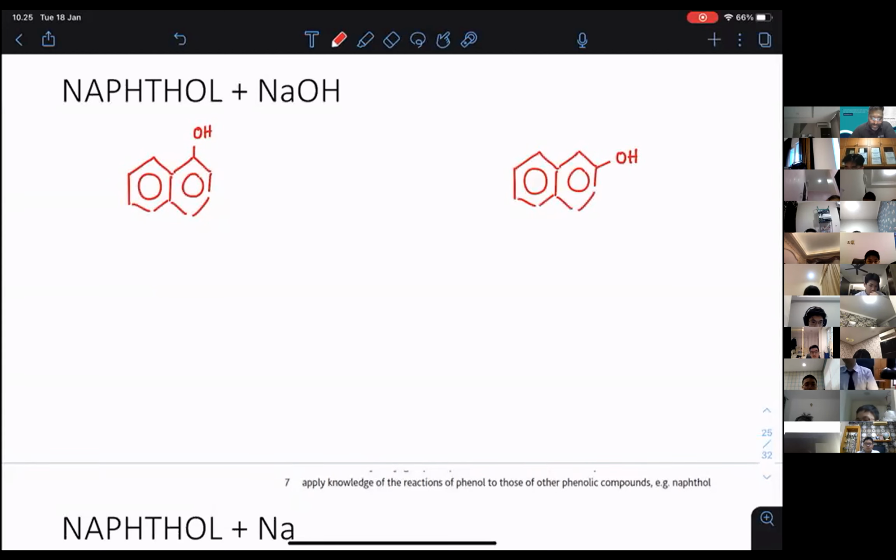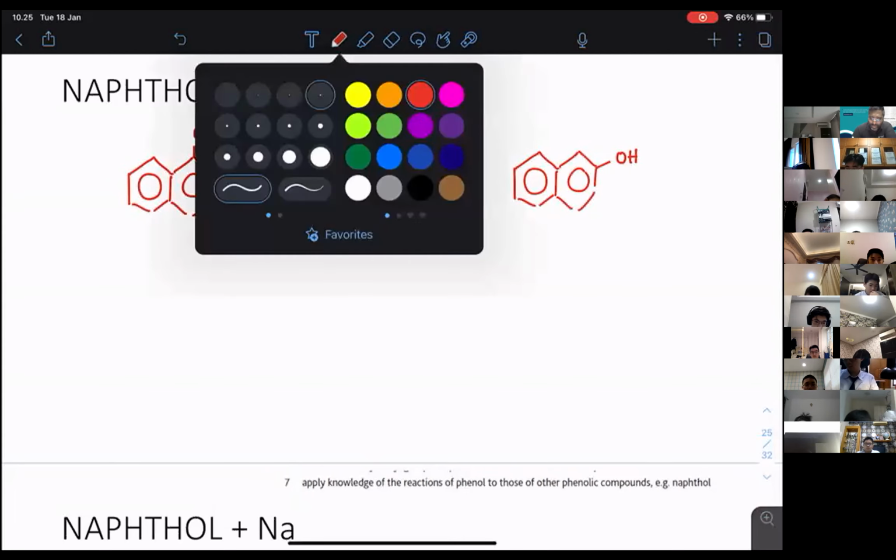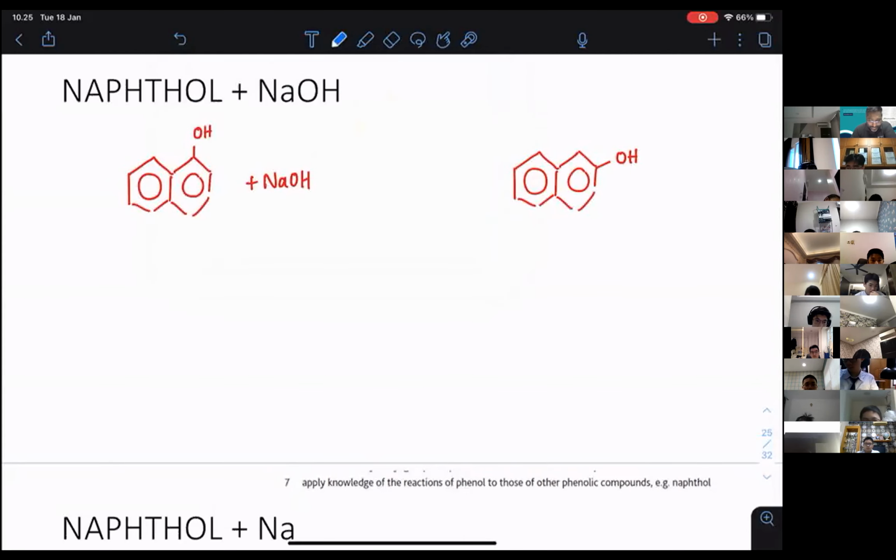So now, if I react with NaOH, what will happen? Same thing like what we have done previously. I'll just paste again. You see here what will happen. You are going to get the O minus and Na plus, some sort of phenoxide ion, with water.